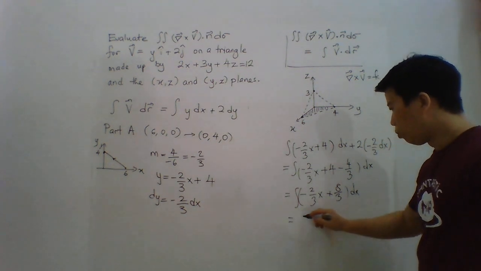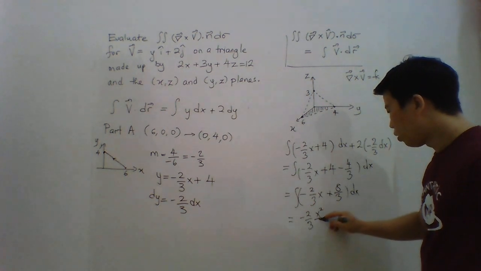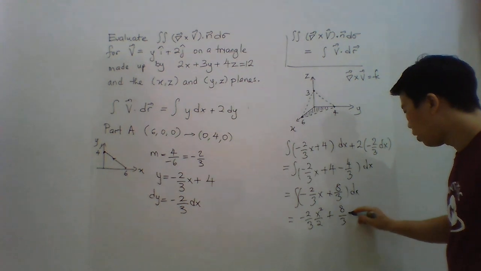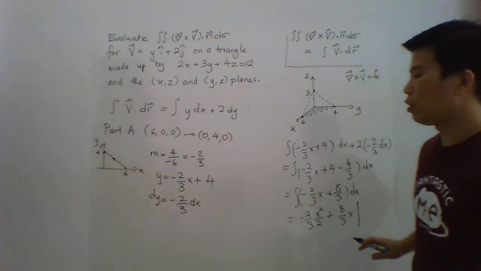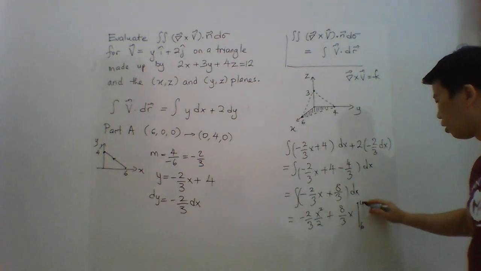So this is going to be negative 2 over 3 x squared over 2 plus 8 over 3x, and you're going to evaluate this going from 6 to 0.